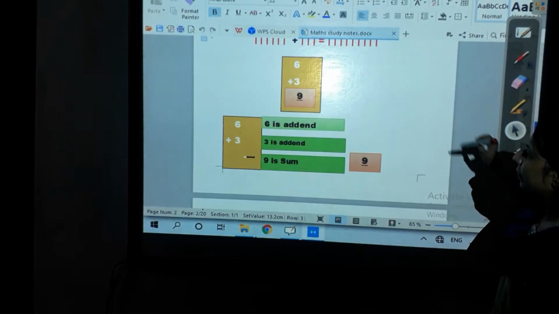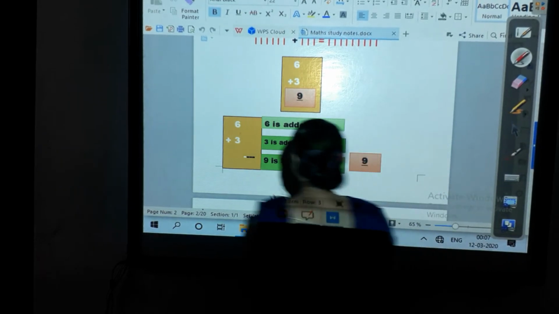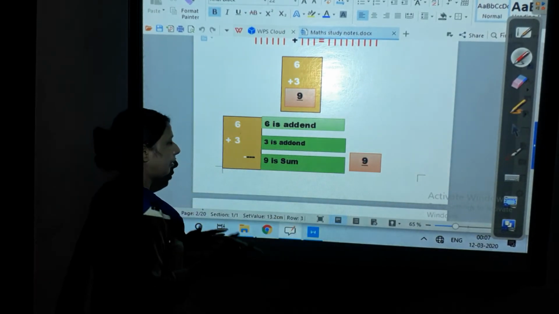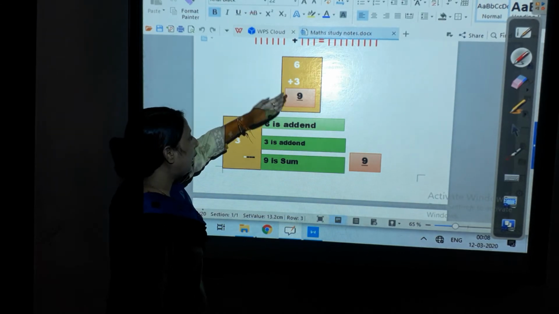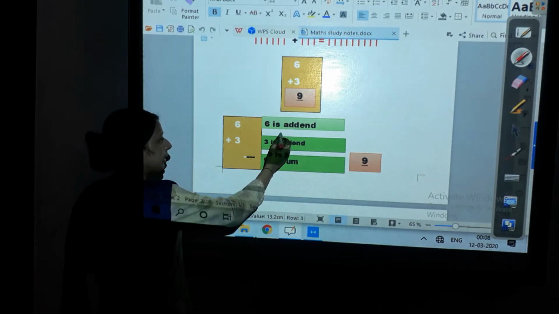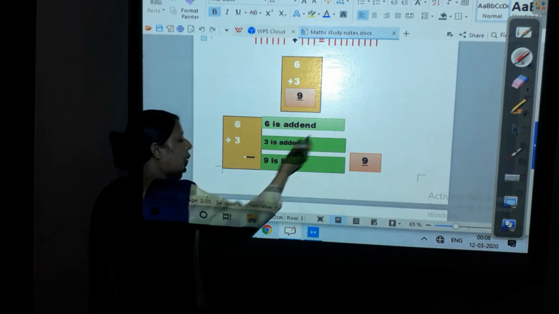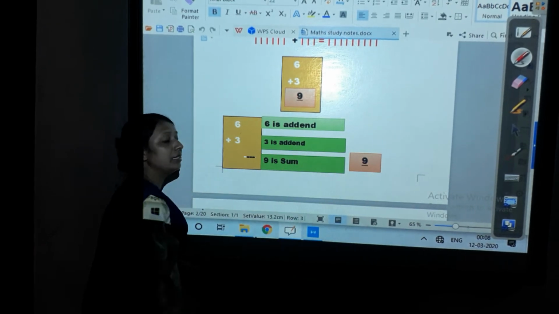So here we need to learn some things. Here you can see 6 plus 3 and the total number is 9. So here 6 is addend, and 3 is also addend, but 9 is the sum.